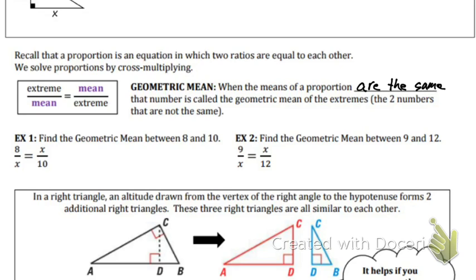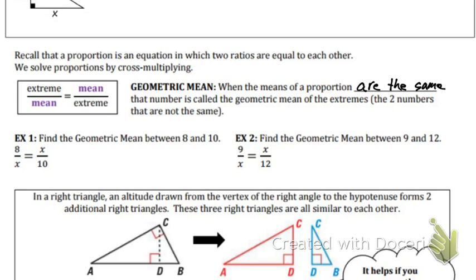So a geometric mean is going to look something like this. Number 1 says, find the geometric mean between 8 and 10. So 8 and 10 are going to be your extremes, and your geometric mean is going to be that number that can replace both of these x's. So what is that number where this mean is the exact same value?